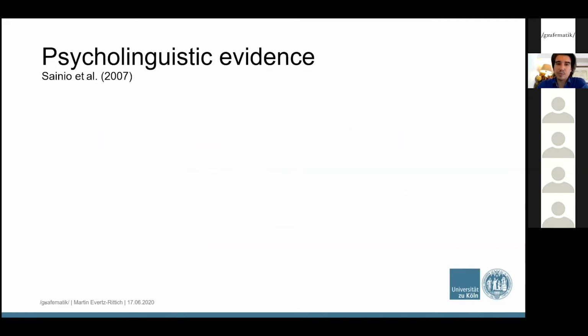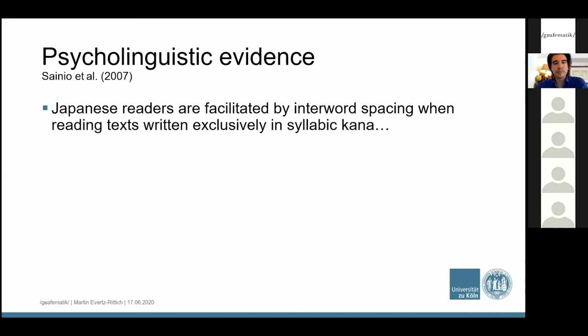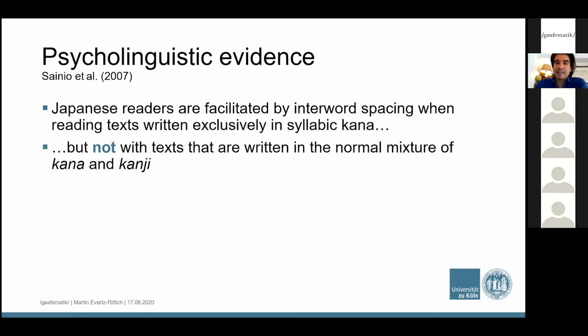And there's also psycholinguistic evidence for the case of Japanese. Japanese reading times are facilitated by interword spacing when reading text written exclusively in syllabic kana. But in a text that is written in the normal mixture of kana and kanji, spacing did not facilitate reading time.